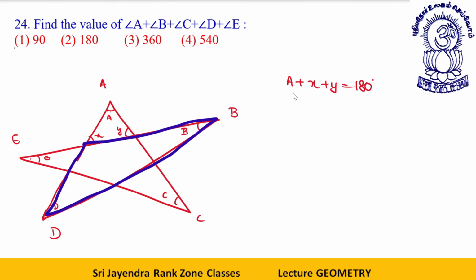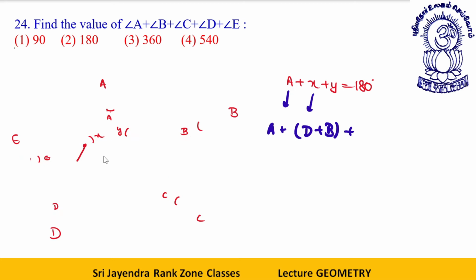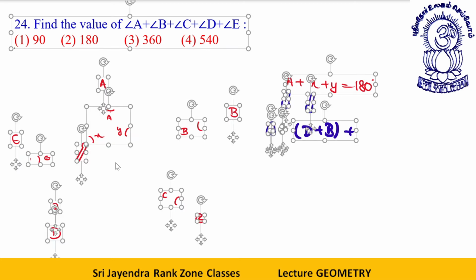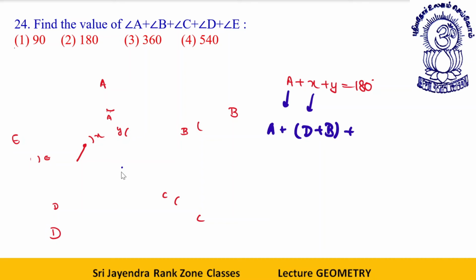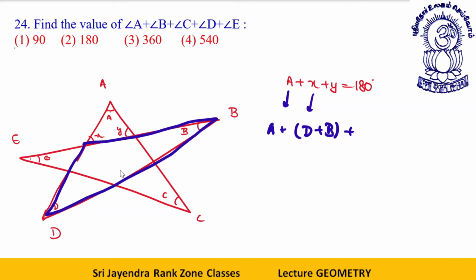So this X I write as D plus B. Exterior angle is equal to sum of two interior angles, D plus B. Now this Y can be treated as the exterior angle of this triangle.